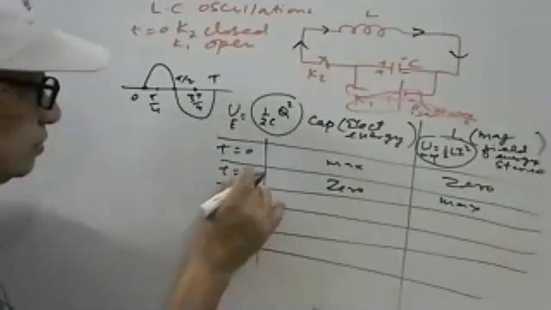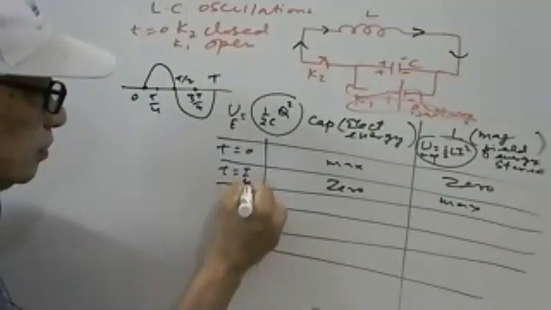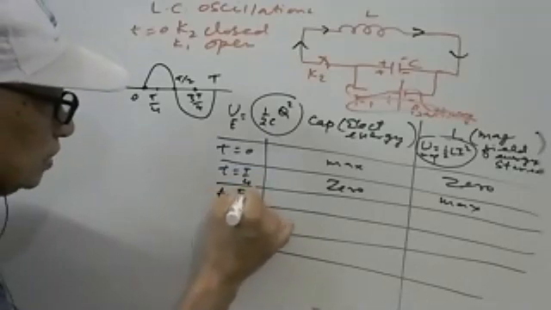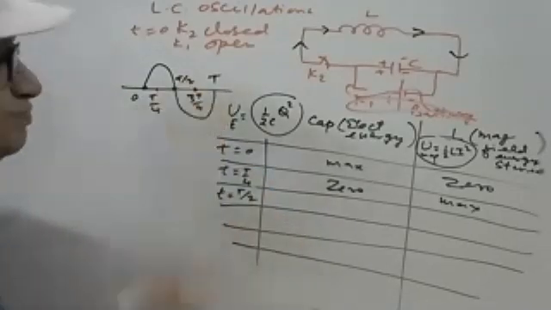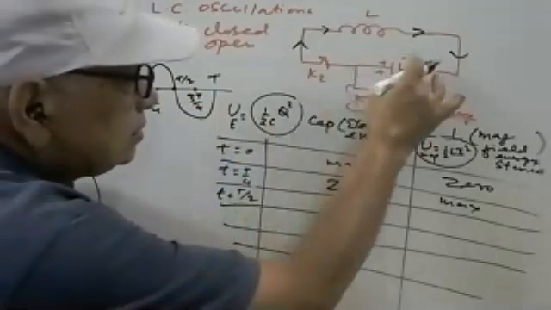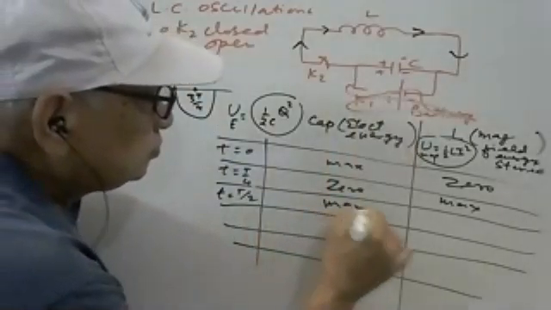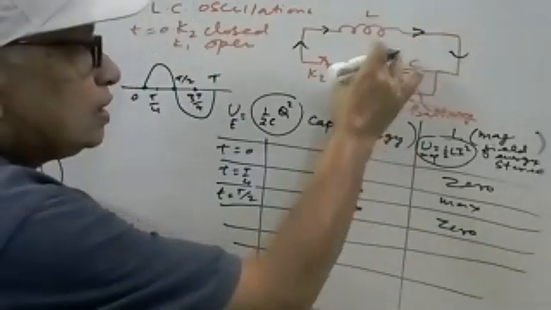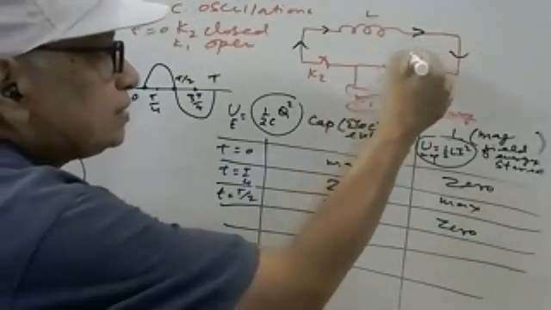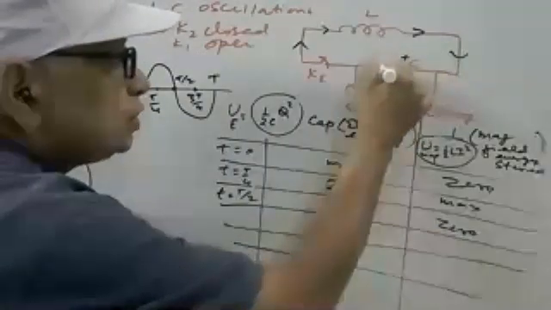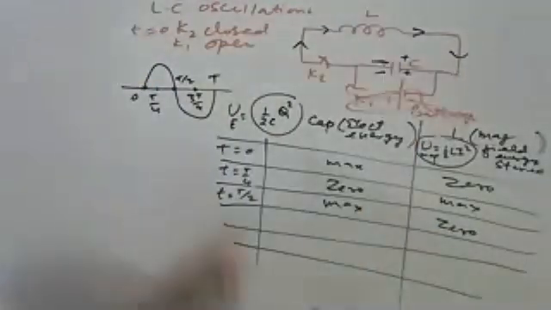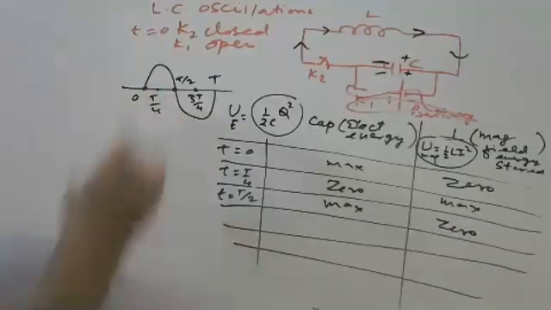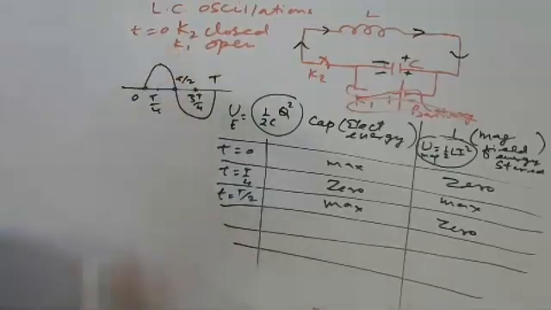At T by 2, here at this point, again this is maximum, that is 0, but this capacitor is getting charged oppositely. This is the peak point here.